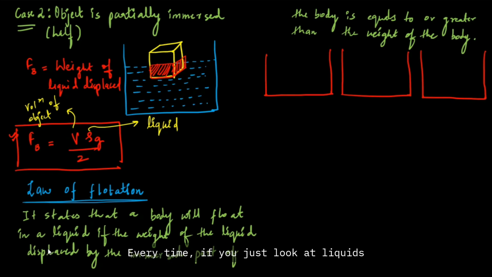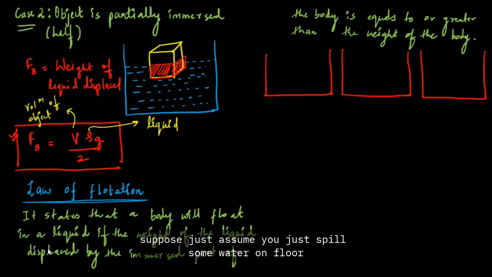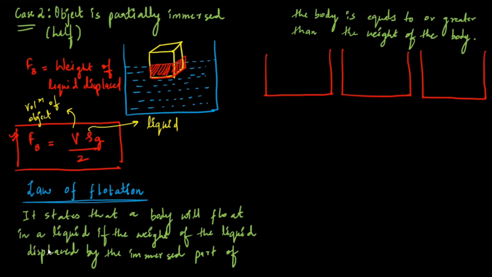Suppose you spill some water on the floor. After some time, you will observe that water adjusts itself in such a way that it forms patches. You won't see a complete film of water lying on the floor. You'll observe that water has accumulated itself in the form of patches. Some part of the floor will be completely wet as water is accumulated at some points, and some part will be completely dry because water just moved away from there.